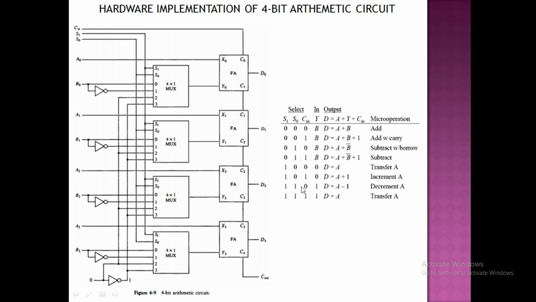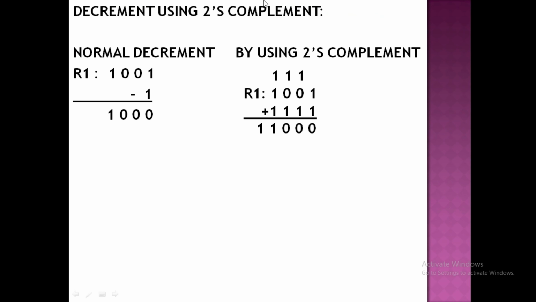Before discussing the decrement operation, we will discuss decrement using 2's complement. Normal decrement means we decrement the given value by minus. Using 2's complement means we take the complement of the given register bit values, and the 2's complement of 1 is 1 1 1 1.